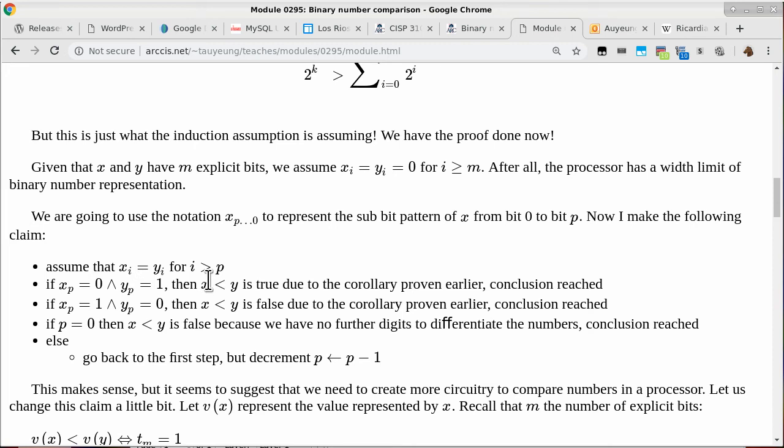Because that assumption is basically saying, okay, we know all the bits are the same for up to bit p, so that means we don't have to be concerned about that. What if p equals 0? In other words, we found that all the bits are the same between x and y. Well, then x is less than y is false because the two numbers are the same. Is that okay? Is that making any sense? All right.